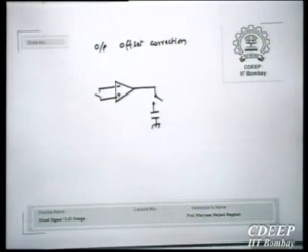Now this is our imperfect op amp. And all I am going to do is just short the input. Notice, no feedback. So it is actually in a configuration where the gain is finite.